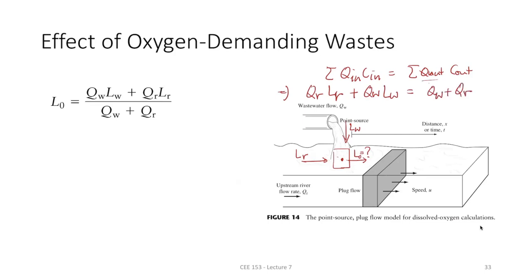So the flow rate QR plus QW, and C out is here L0. Now if you solve this one for L0, that's how we get this term. So what that means is this is the BOD concentration at that spot before BOD even starts being consumed by bacteria. So that's why this is the very first initial concentration of BOD at that mixing point.